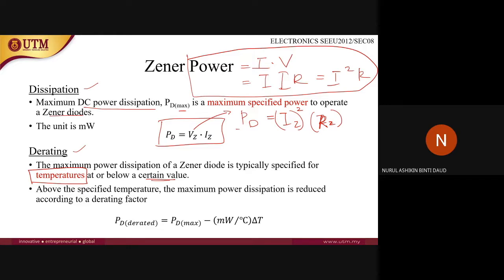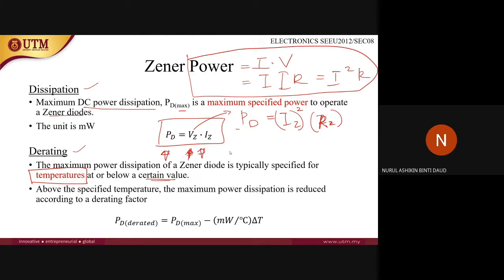Basically, if VZ increases, IZ will increase, and PD will increase too. However, at a certain stage, when VZ increases, the temperature inside the Zener will increase too, and you have to take this into account.